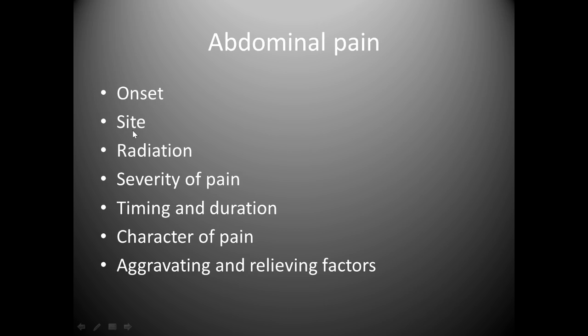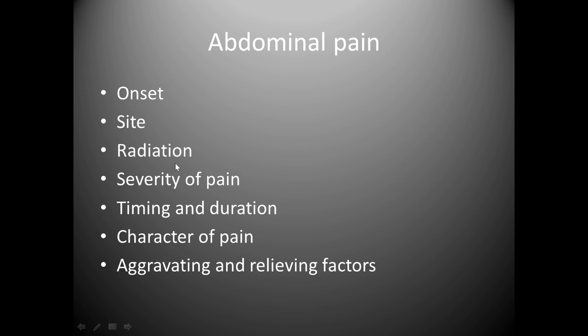Now radiation, we have to ask the patient if the pain radiates to any region. Usually in a ureteric stone, the patient complains that pain starts from one iliac fossa or loin, and he has radiation towards the scrotum and penis.